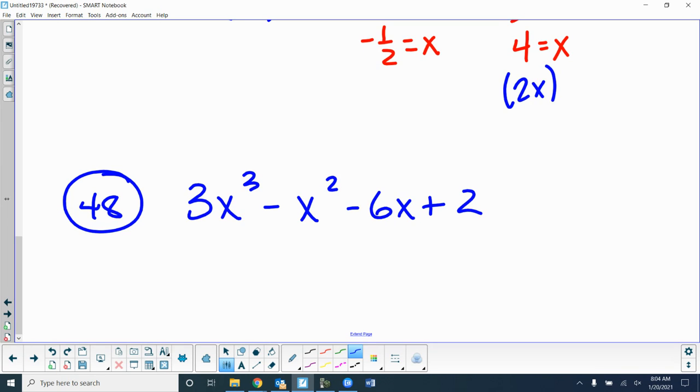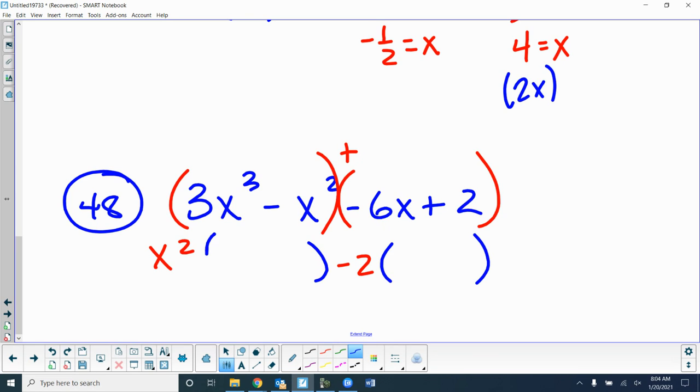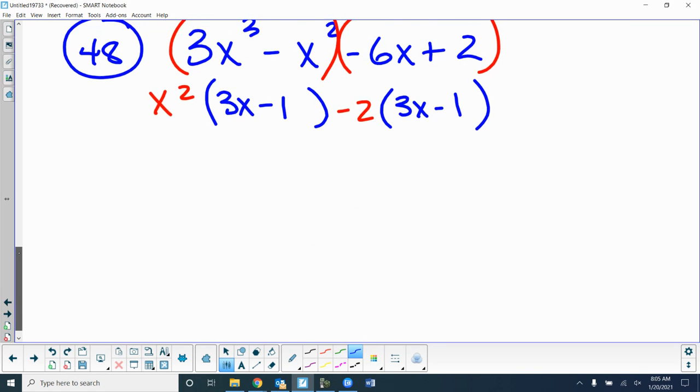You know, we could try to factor. Let's see if it groups for us. So x squared is the GCF for the first group, and -2 would be the GCF for the second group. And 3x cubed divided by x squared would be 3x, and -x squared divided by x squared is -1, and -6x divided by -2 is 3x, and 2 divided by -2 is -1. So it does factor, okay?